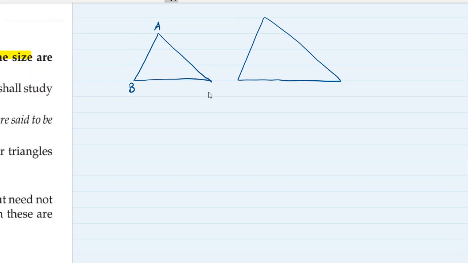A, B, C, P, Q, R. Now as you can see, both these triangles are not of the same size, but they are of the same shape. Okay, triangle PQR is bigger than triangle ABC. So these are the examples of similar triangles.